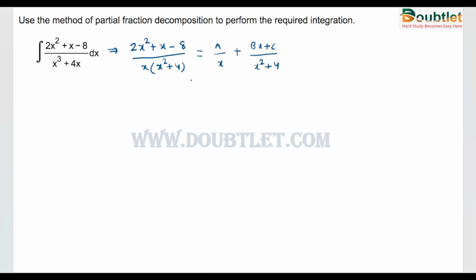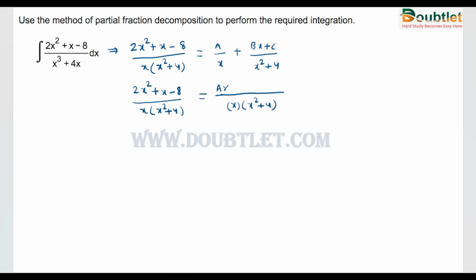Now if we take the LCM, it will be x multiplied by x square plus 4, and here also this term remains the same because we want to decompose this term, x into x square plus 4.